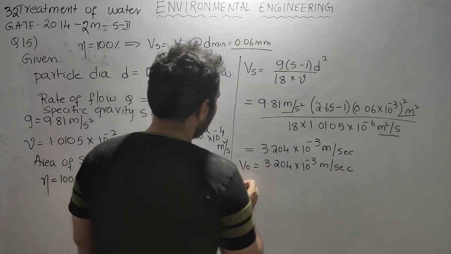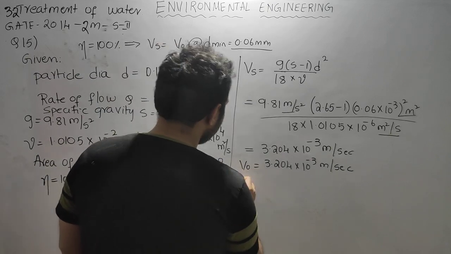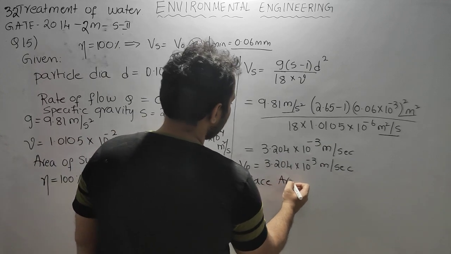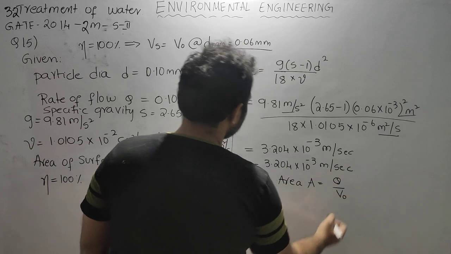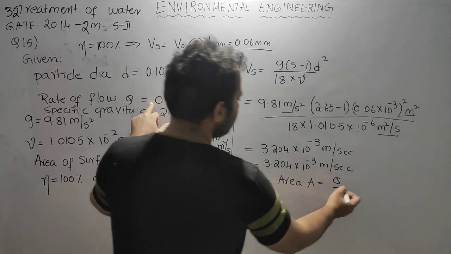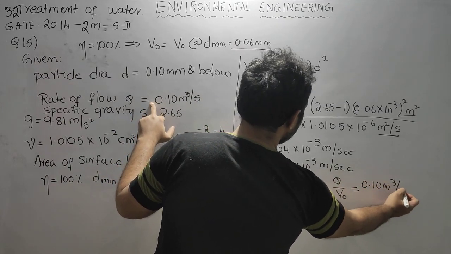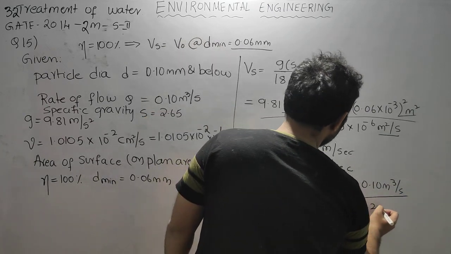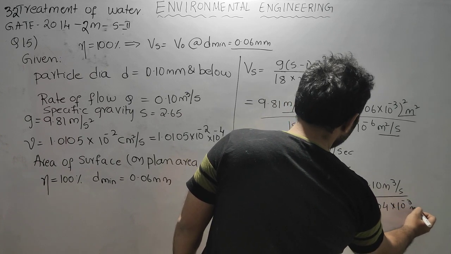Okay. Now we know that surface area. He is asking plan area or surface area. Surface area A is equal to Q by V naught, where Q is 0.10 meter cube per second. So V naught is this one, 3.204 into 10 to the power of minus 3 meter per second.